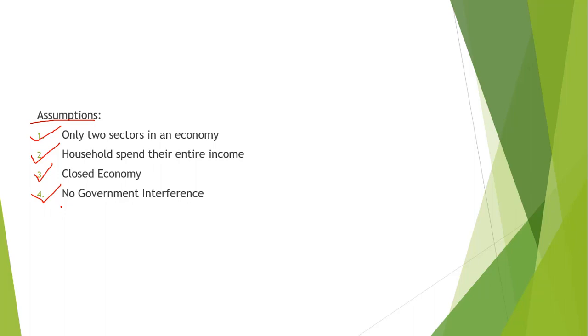The government should not interfere, like adding high taxes or giving subsidies. This kind of interference by the government shouldn't take place. And if all of these conditions, and there are some very minor details more, if these main assumptions are fully maintained, then only the circular flow of economy will happen.